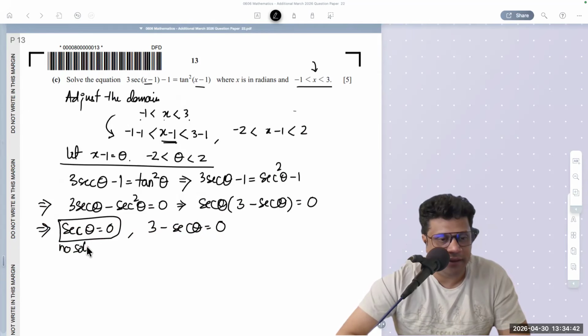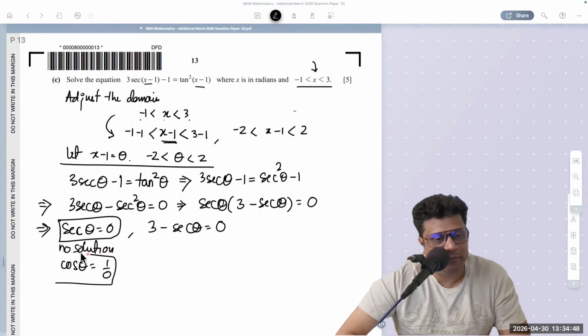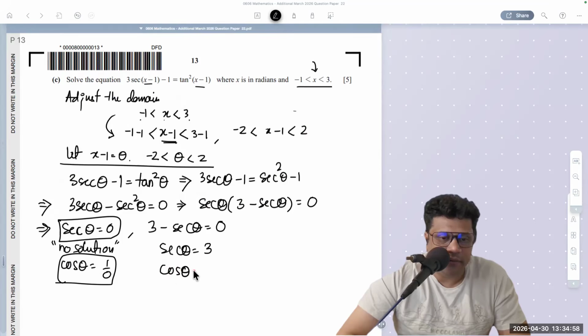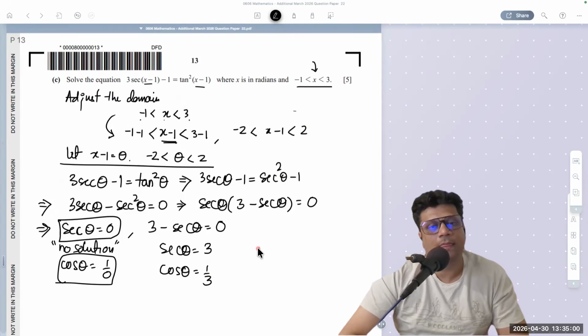You write it clearly: cos theta is 1 by 0, so no solution is where you stop it. Okay. This one, which means sec theta is 3, which means cos theta is 1 by 3.